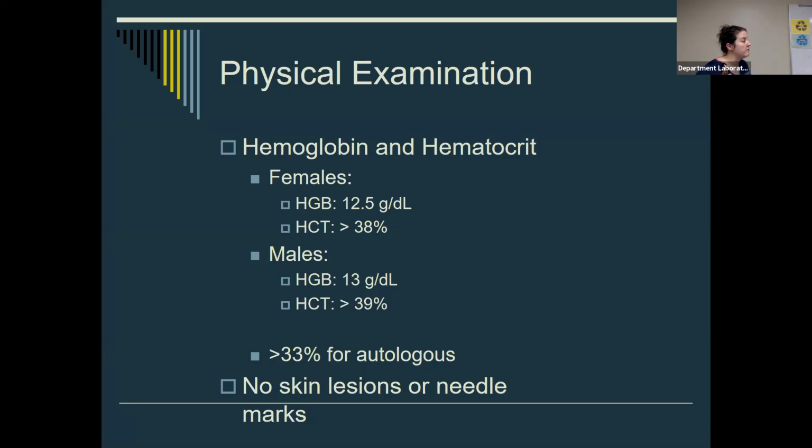However, if you are donating for an autologous donation, meaning that you're donating for yourself, for that unit to be transfused to you at a future date, it has a lower threshold. You can have a hematocrit of 33%. And again, on that physical examination, you want to look, make sure there's no skin lesions, no needle marks, okay?